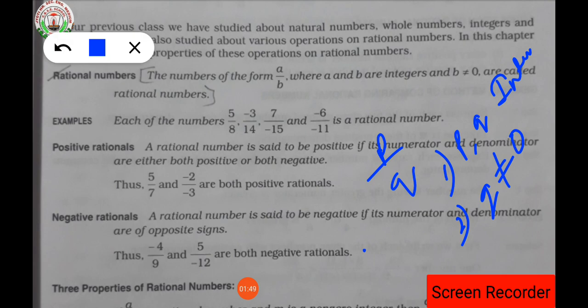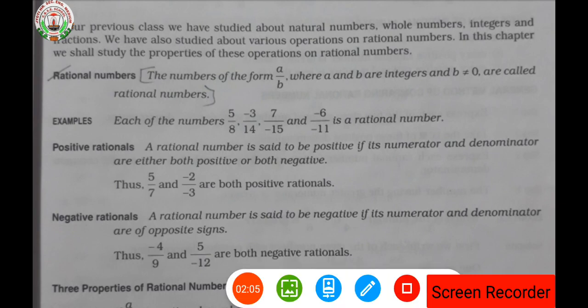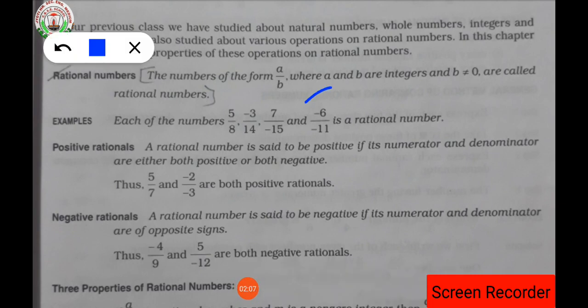Examples of rational numbers are minus 5 by 8, minus 3 upon 4, plus 6 by 7. It can be a positive or a negative number, isn't it? Consider the example of minus 6 by minus 11: the minus sign is present in the numerator as well as the denominator.